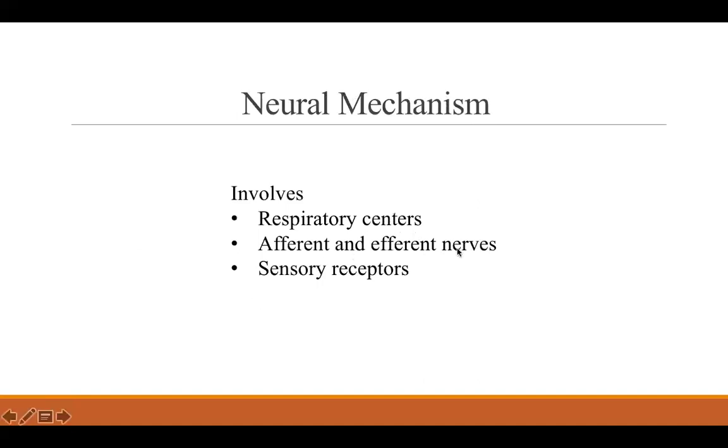The afferent and efferent nerves: afferent are the sensory nerves, efferent are the motor nerves. We could talk about the afferent nerves that control breathing. The vagus nerve that supplies the lungs could be taking any stretch, any pressure within the lung to the brainstem.